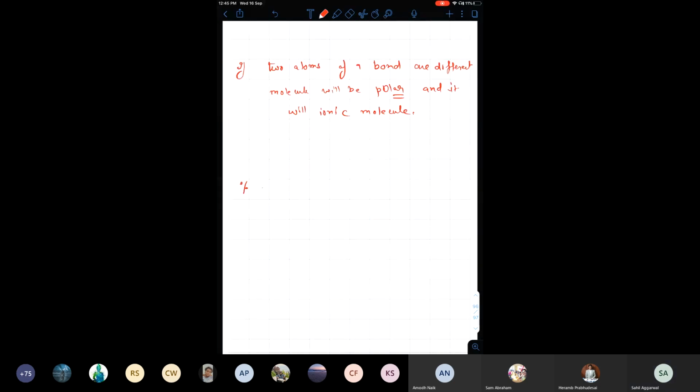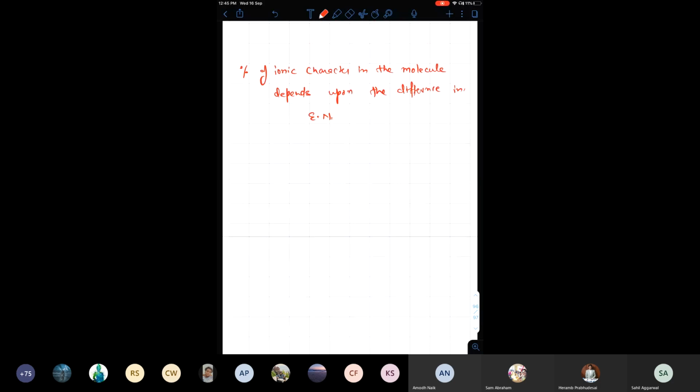The percentage of ionic character in the molecule depends upon the difference in electronegativity.